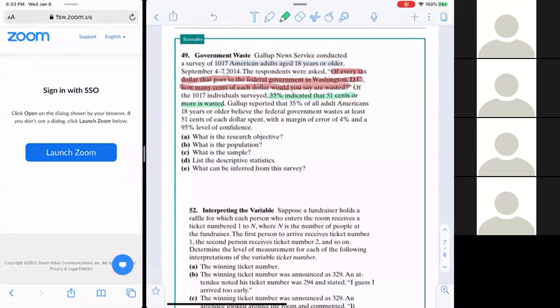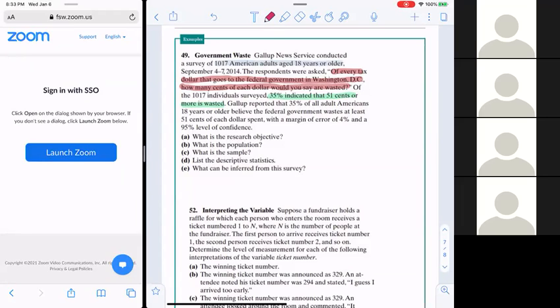Now, what is the objective of the research? The objective here is quite simple. How many cents of each dollar is the federal government wasting from your tax? That's what they wanted to know.